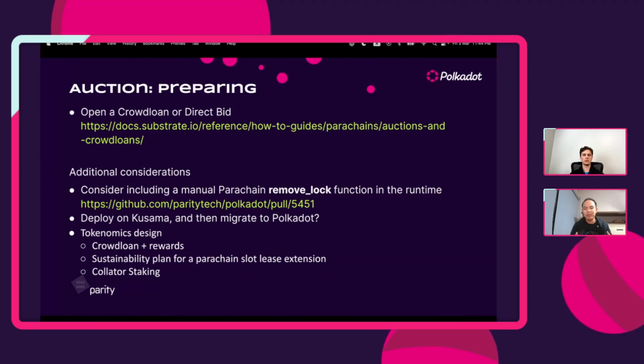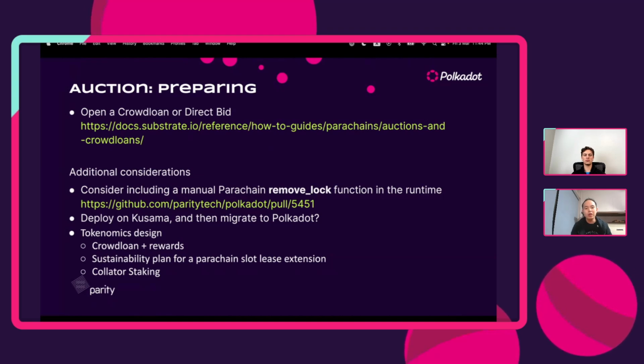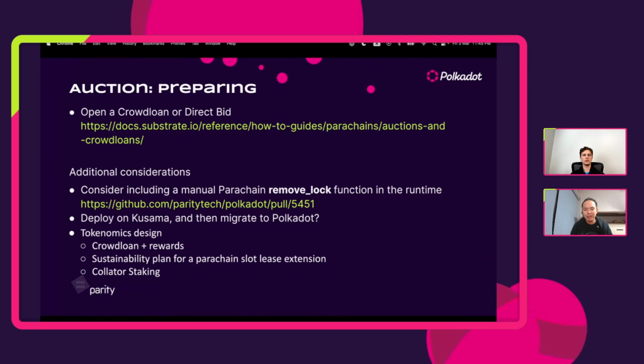Other things I would say about tokenomics, really, tokenomics is a huge, huge topic. But the area that I think definitely deserves some conversation or sharing is tokenomics specific to Polkadot, unique to Polkadot. So as I mentioned earlier, with crowd loans, you do have to think about what type of potential incentives are in place to allow the contribution from the community. Now, apart from that, if you're doing a crowd loan to win the current slot, you must also think about your sustainability plan for future slots, what we call slot lease extensions.